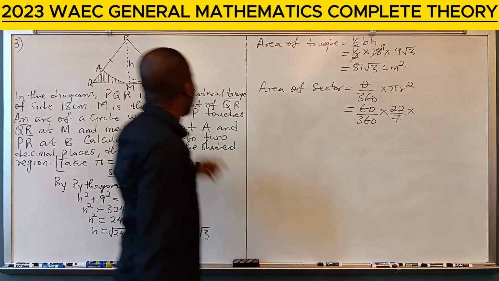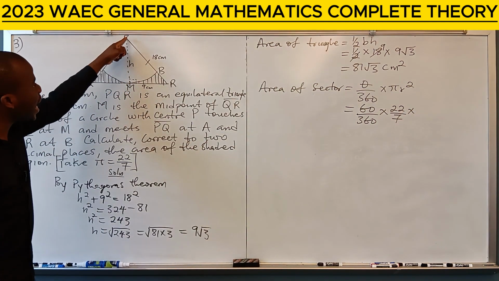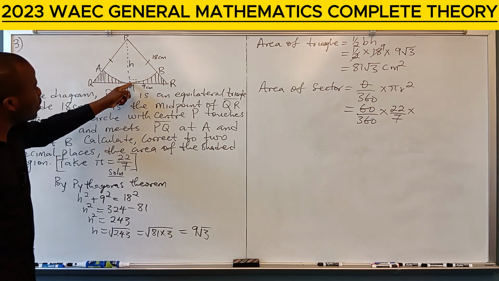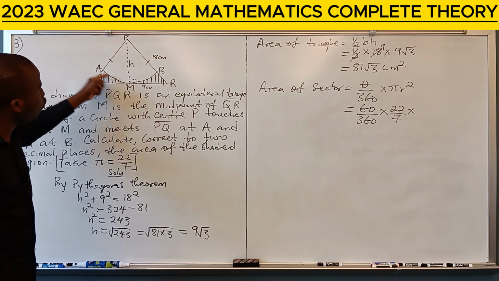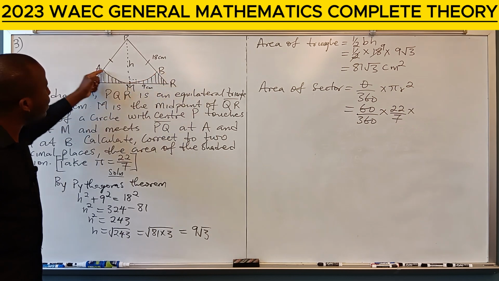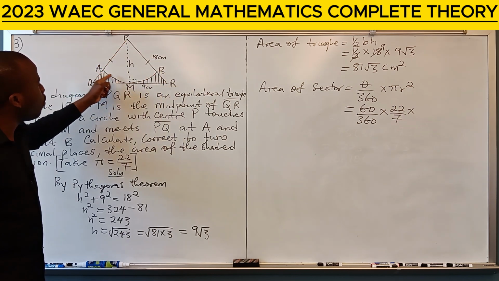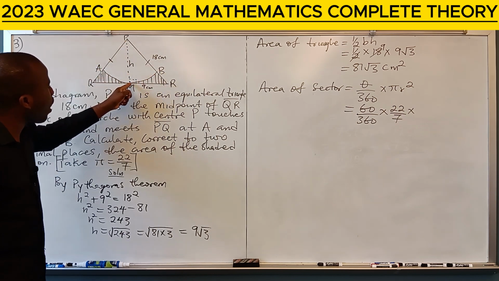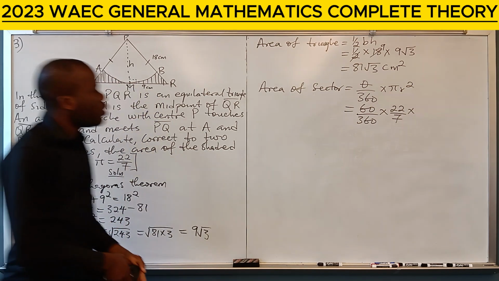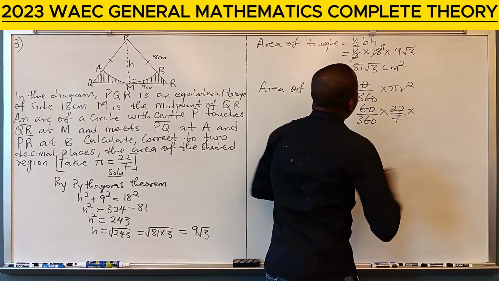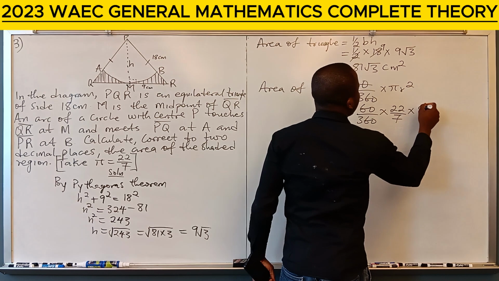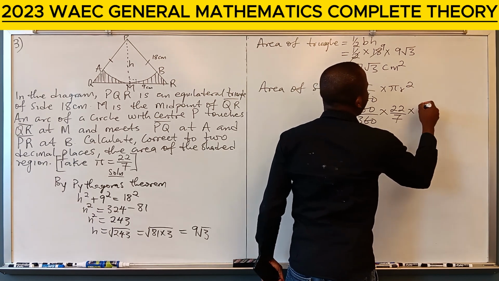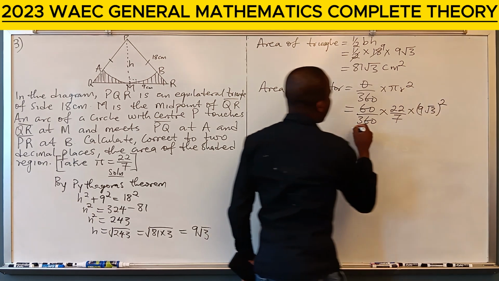Now, what is the radius? The radius is the same as the height because this midpoint, when it moves to the left or to the right, that will be the radius of the sector because it touches QR at M. So the radius is same as the height, which is 9 root 3 all square.